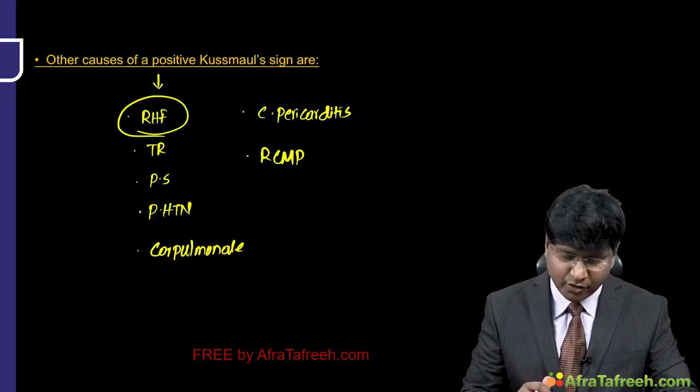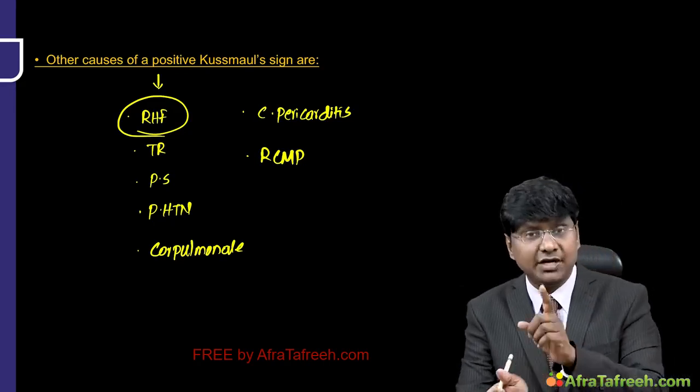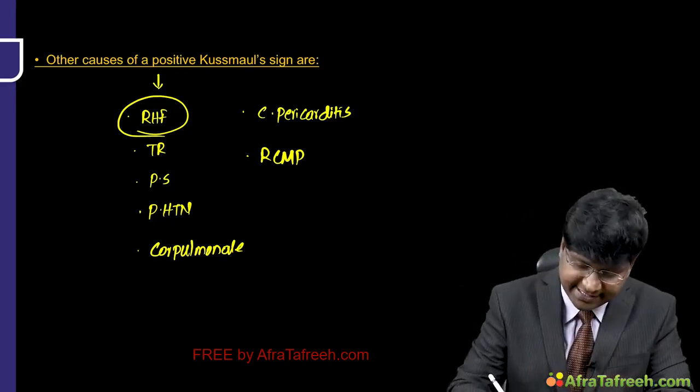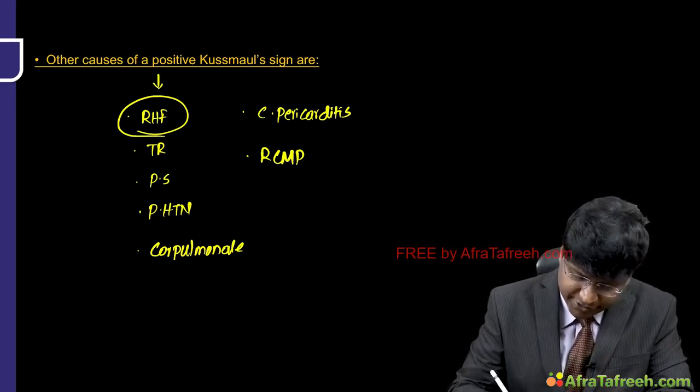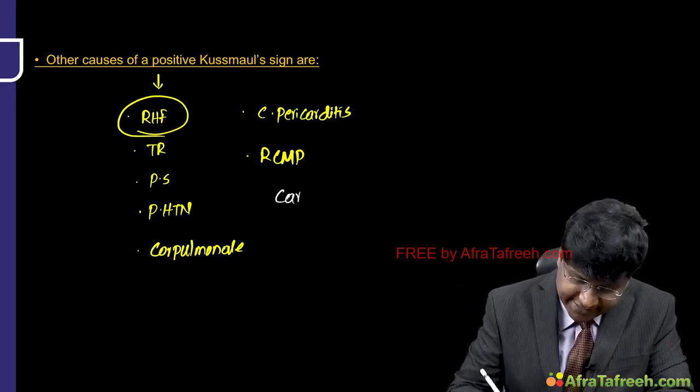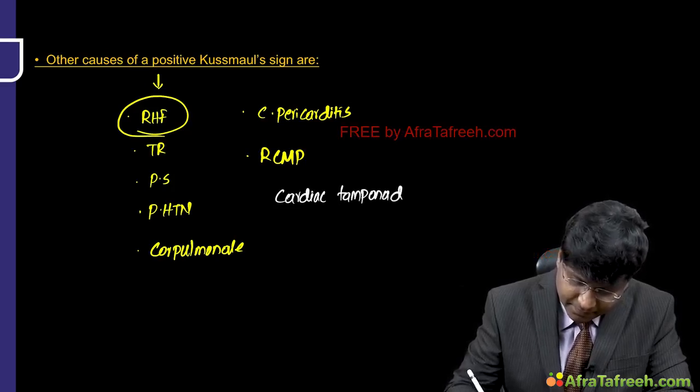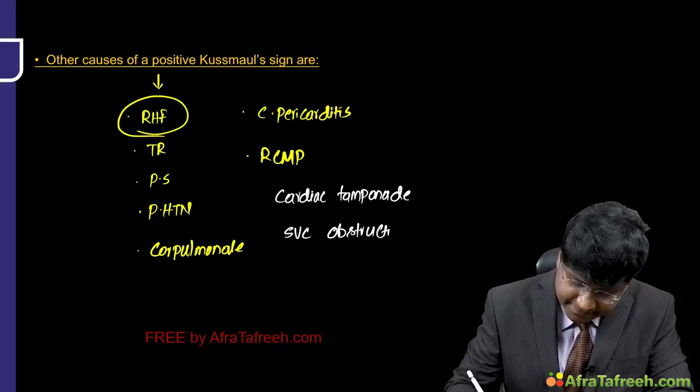Okay, so before going on to the hepatojugular reflex, one more point that you need to understand is that we have two important clinical conditions, that is cardiac tamponade and SVC obstruction. In both of these conditions, the JVP is elevated.